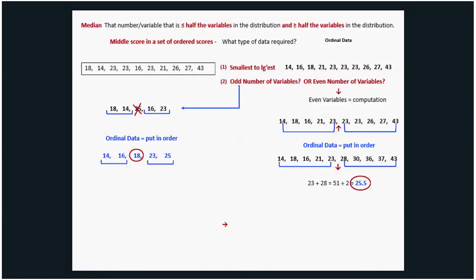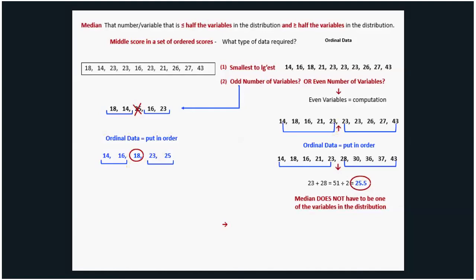So it's easy to remember that the median is the middle score, but you've got to remember that it's the middle score in a set of ordered scores, okay? The median also does not have to be one of the variables in the distribution. If you've got an even number of variables, it's not going to be one of them, unless, like above, we had 23 and 23 together, in which case it would be one of the variables in your distribution.